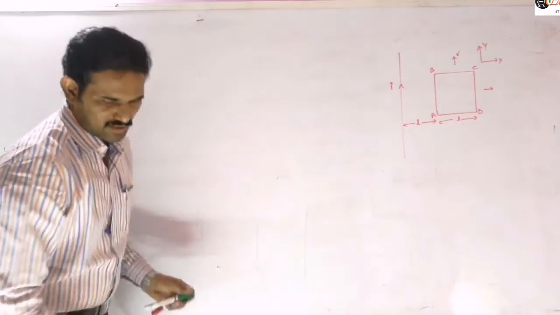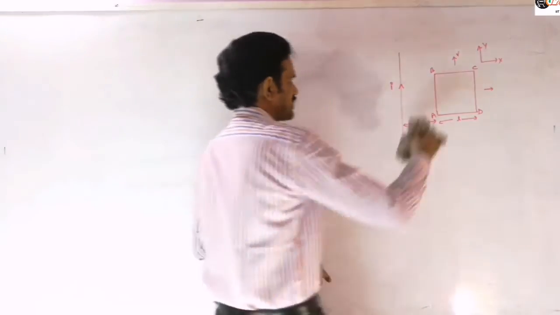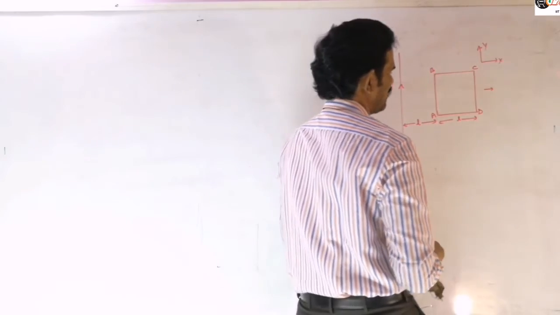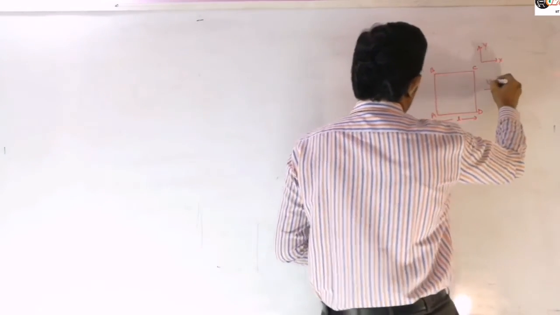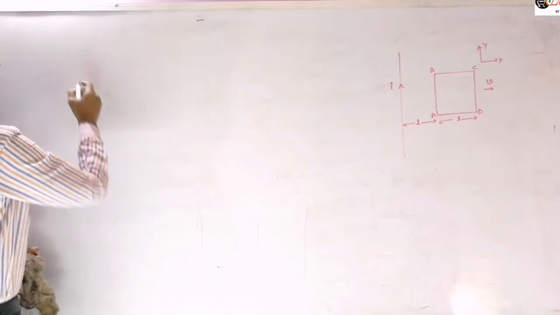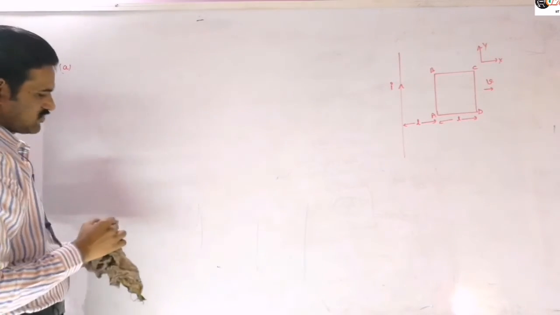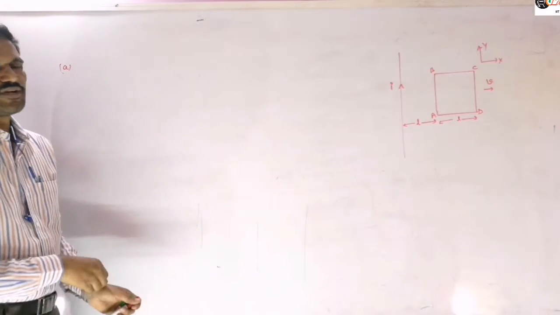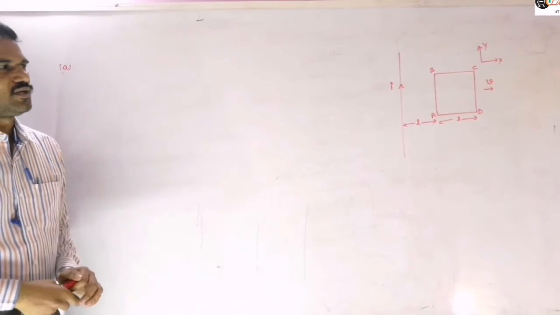So first I am taking the case when the velocity is along this x direction, that means when the velocity is like this. So first I am discussing along this x-axis here, right? So when the loop is moving along the x-axis, first I am solving here. For that you can solve it in two different ways. In two different methods you can solve this problem here.